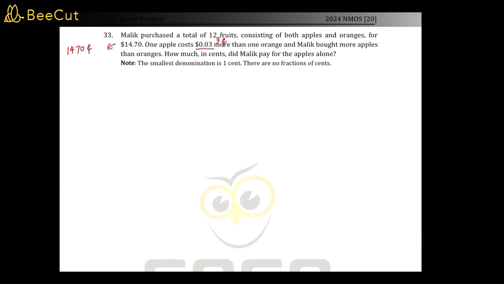Okay. So the number of apples times the price. Let's say one orange is 1 U. And 1 apple is 1 U plus 3 cents.